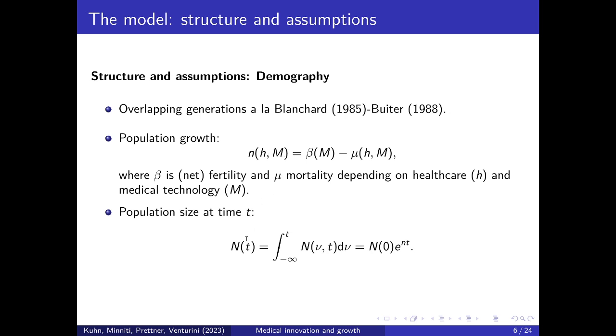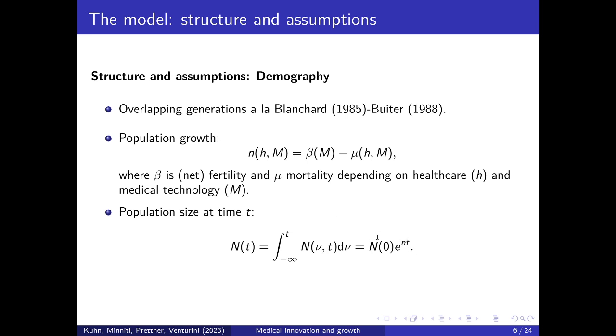And then to come up with the population size at time t, we have to integrate over all cohorts that are alive. So we integrate from minus infinity up to today, so date t, and what we get is the population size, the initial population size N0 multiplied by the growth factor of the population that is given by the population growth rate in the exponent.